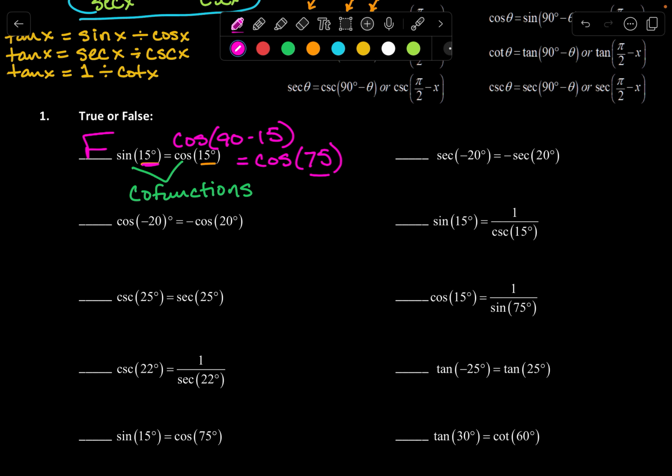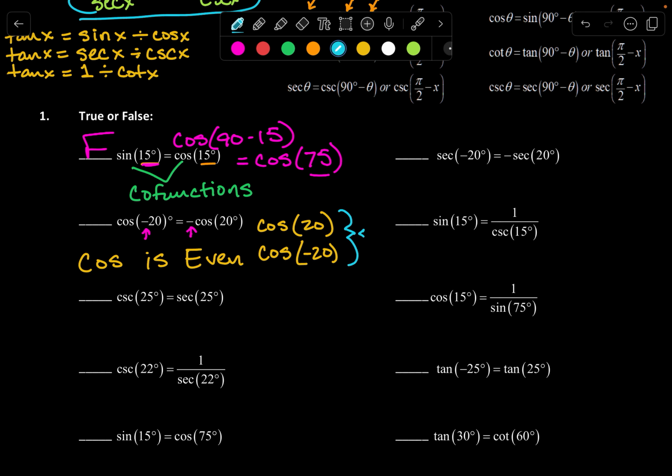The next question, you can see we have a negative input and we get a negative output. However, cosine is an even function, which means the cosine of 20 and the cosine of negative 20 should be the same.